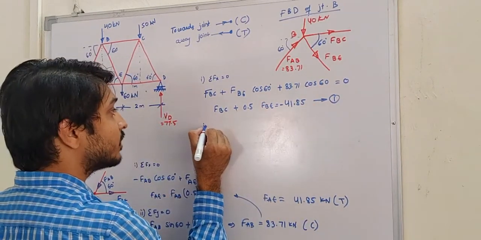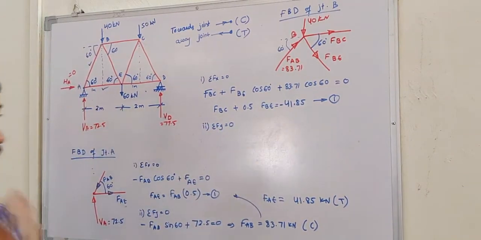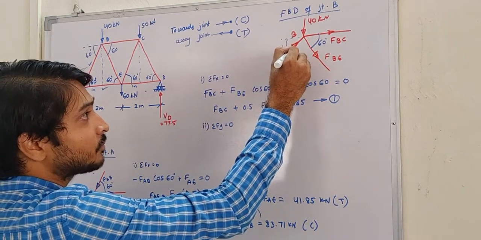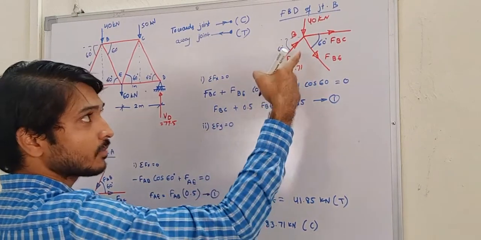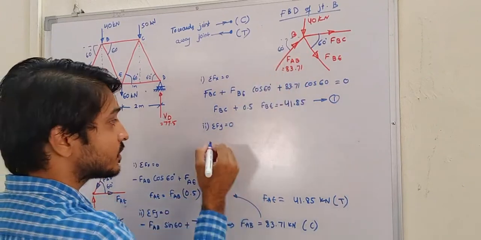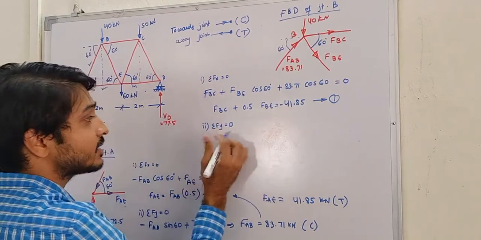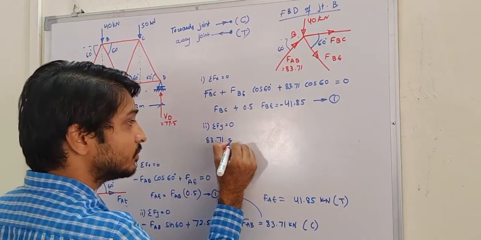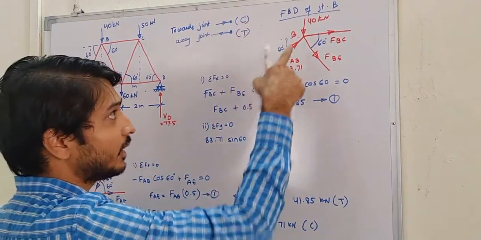So we'll come to the second one. Summation of Fy is equals to 0. If I take summation of Fy equals to 0, this is the vertical component of FAB, FAB sin 60, in upward direction, positive. So it is 83.71 sin 60, and then minus 40.